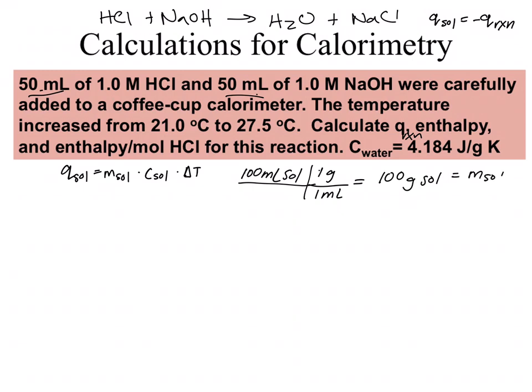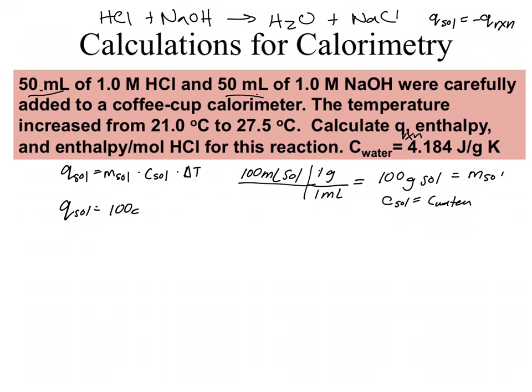In that same vein, we're also going to assume that the specific heat capacity of the solution is the same as the specific heat capacity of water, just like we've assumed in the past. That's going to allow us to calculate our Q of the solution.